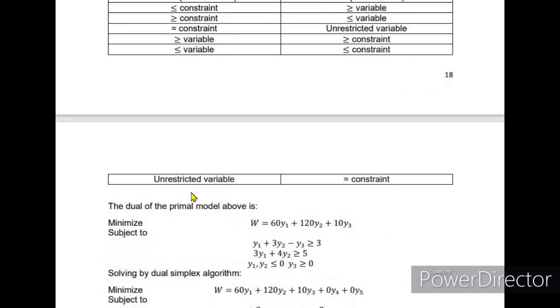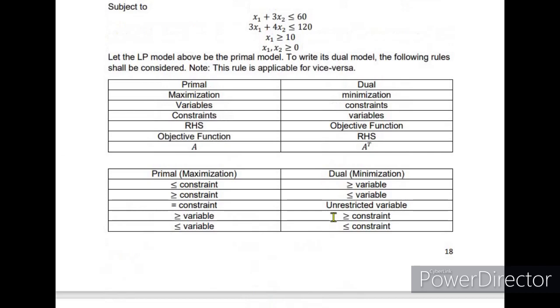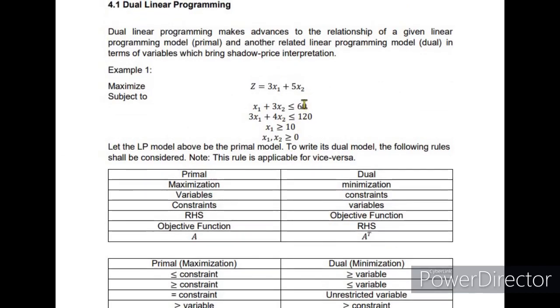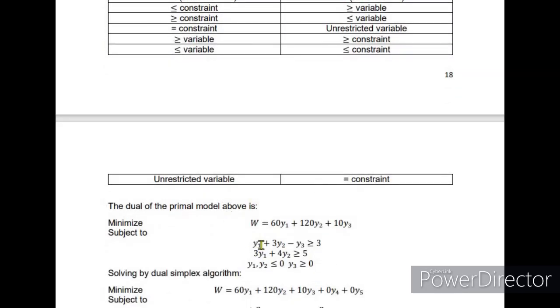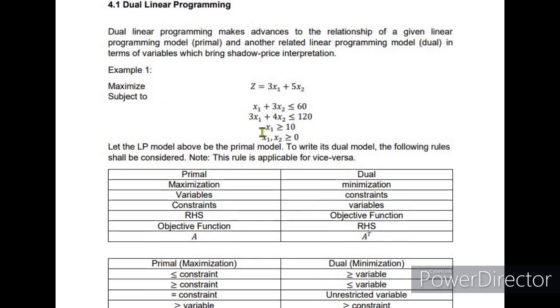And here you will notice that these values 60, 120, and 10 are taken from the right hand side values of the primal. And you'll notice that 1, 3, negative 1 are taken from the x sub 1 variables in the constraints, which are 1, 3, and 1.